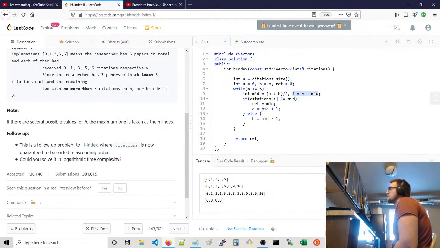That's what you're looking for, right? So if I is n minus mid, then n minus mid is the correct value for I. That's the right index. So if A and B are both 1, that means we're looking at just 1, right? To see if we have just 1 paper.